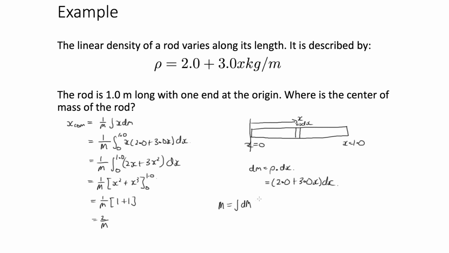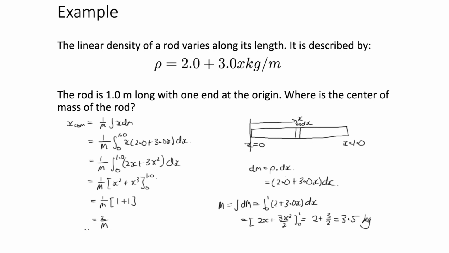Now, we'll use this expression for dm here, so we'll be integrating along the entire length from 0 to 1 of 2 plus 3x dx, and when we do this we end up with 2x plus 3x squared on 2, evaluated at 0 and 1, so this is equal to 2 plus 3 on 2, which is equal to 3.5 kilograms, the total mass of this rod.